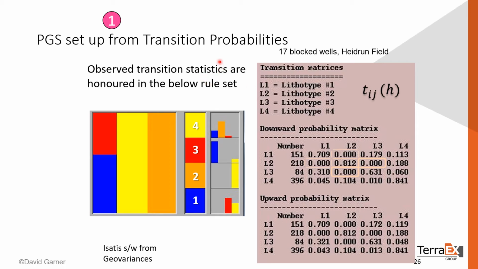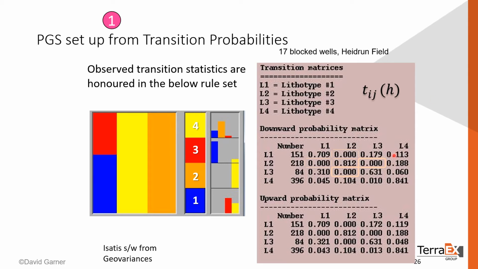So here's this data set, this hydrogen field data set. We have the 4 facies, or lithotypes, as they're called in the Isatis.neo from Geovariances. And this is the rule set. And it's showing, this is just a histogram representing the table.